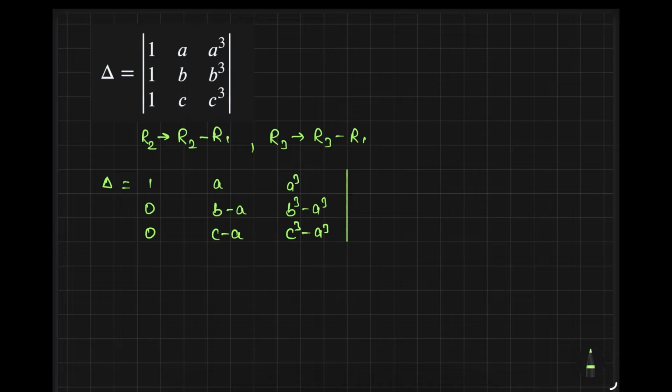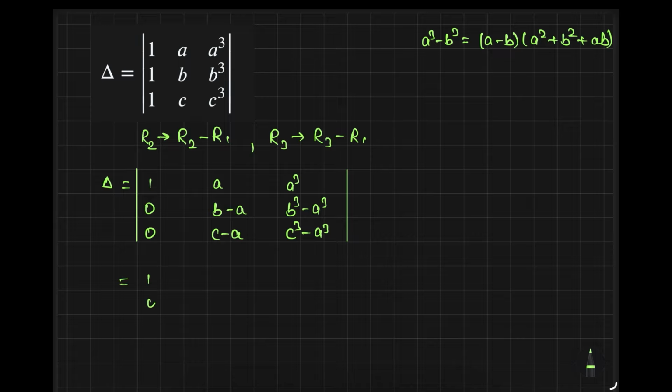Now, I will use some formula. You know that the formula of a cube minus b cube is a minus b times a square plus b square plus ab. So we will apply this formula over here.